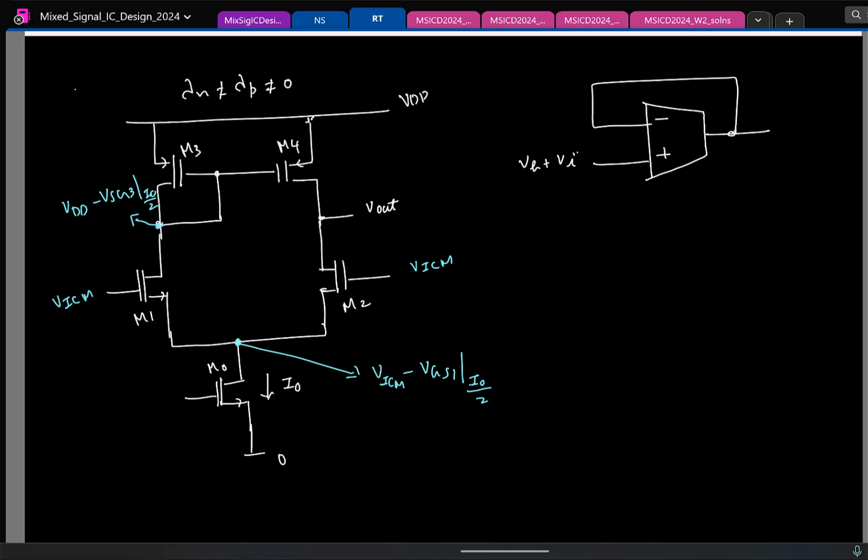So here, which side is this is the output. Left side is positive or right side is positive? Huh? Left side is positive. Is that okay? So now let's make the connection. So this is the op amp. The connection I have is this. From the output to the negative terminal I am making a connection. So this is plus terminal, minus terminal.